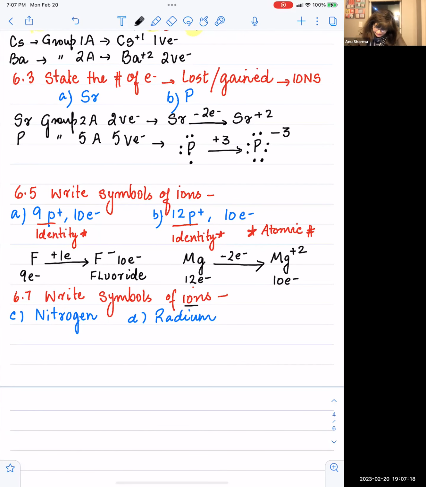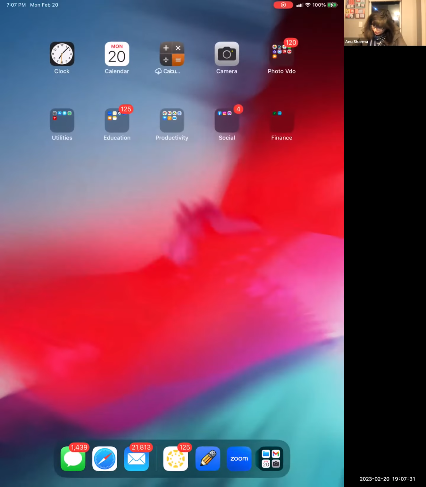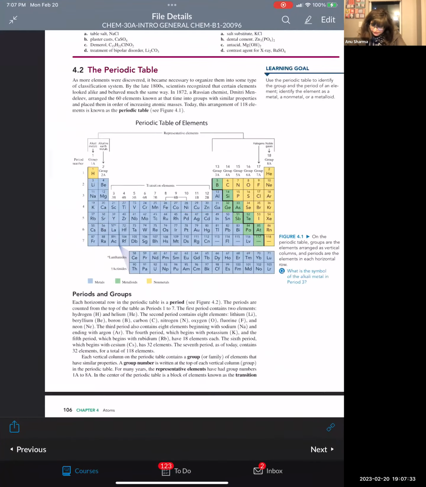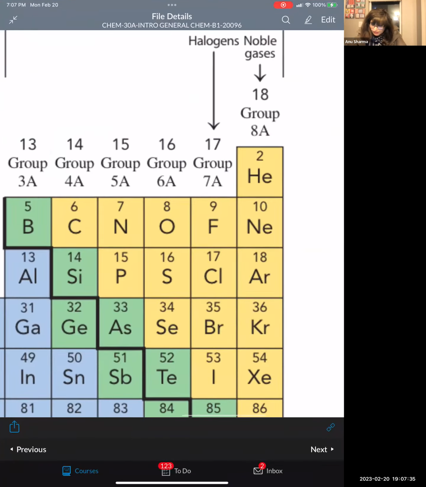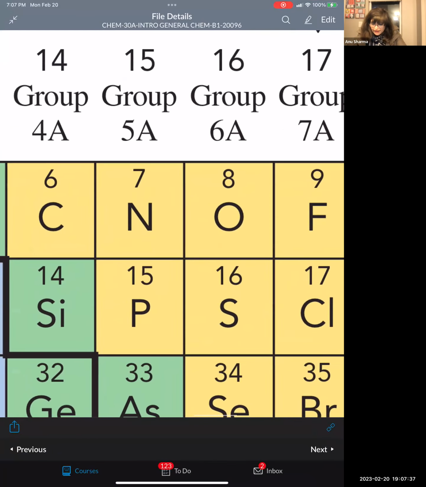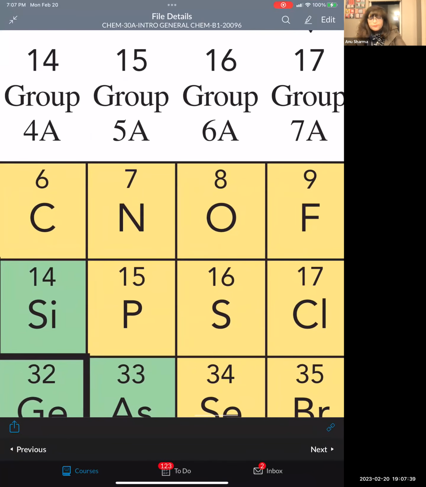So now we need to write the symbols for nitrogen, N, and radium. So what would be the symbol of the ions? Whenever we say ions, that means we are going to look at the charges. So let's look for nitrogen first of all. Where is nitrogen present? It's a non-metal, on this side, group 5A. Group 5A, 5 valence electrons, needs 3 more.